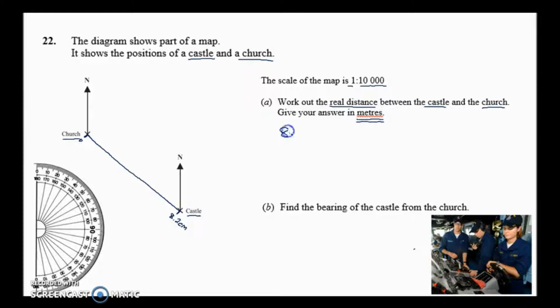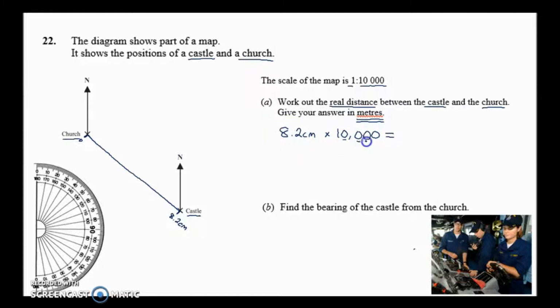So I've got 8.2 centimeters, and I said to you that is 10,000 times smaller than the actual distance because of the scale. So if I times this by 10,000, it gives me the real distance if I had to actually walk it in real life. So we've got 8.2 times 10,000. We're going to move the decimal point 4 places.